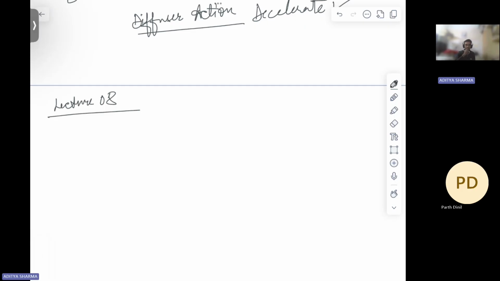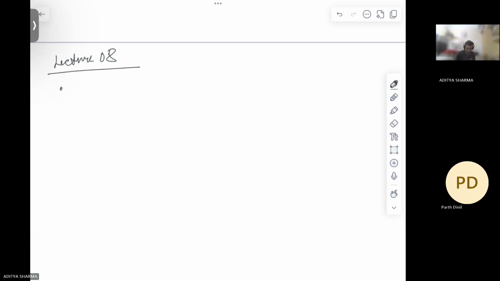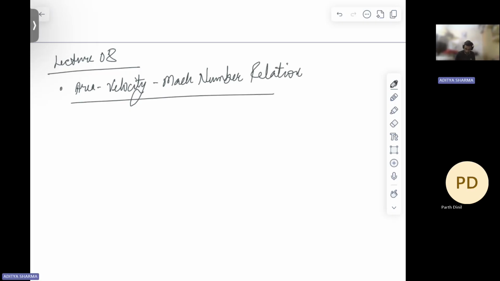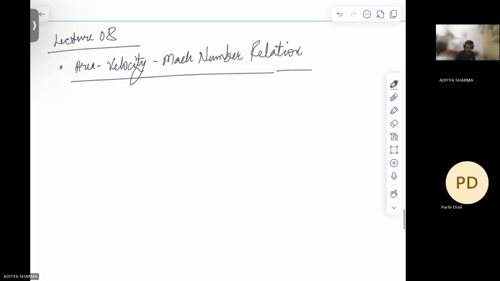So lecture number 8, if you see, the area-velocity-Mach number relation is like this.